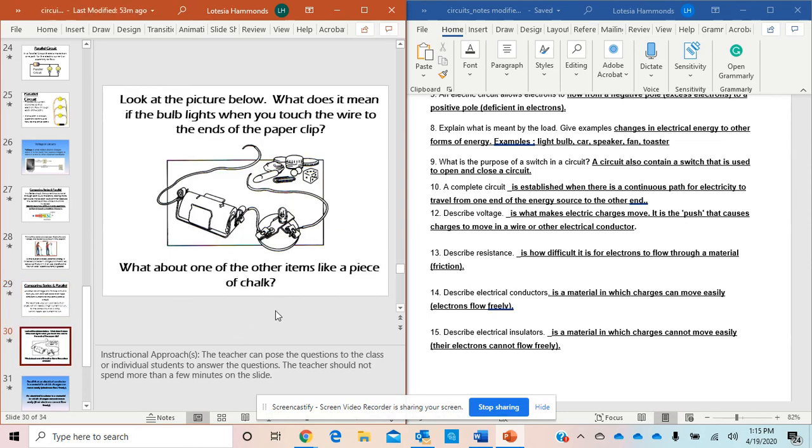So in this diagram, it says, what does it mean if the bulb lights when you touch the wire to the ends of the paper clip? What about one of the other items like a piece of chalk or a piece of paper?